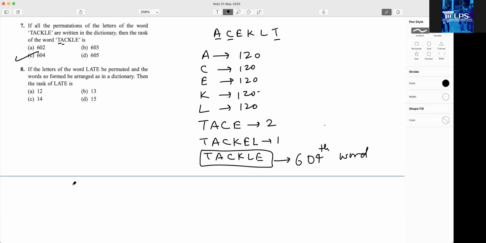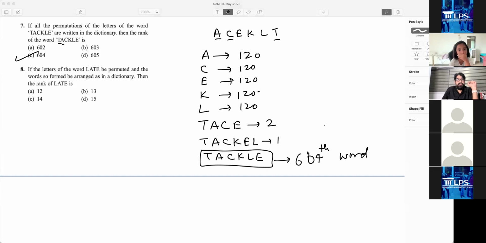Eighth question, I think very simple. Only 4 letters are there. Can you give me the answer quickly, everybody? Eighth question answer. It should be very quick. Some mistake is there.